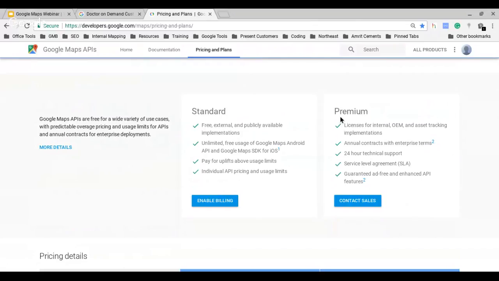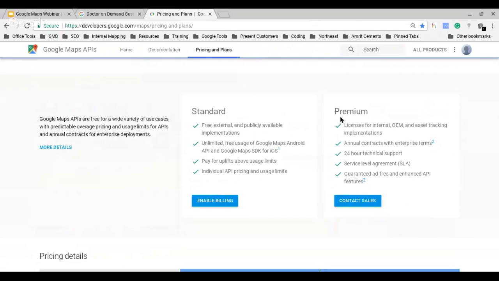And what are the benefits of actually getting the premium plan, right? So you get a few benefits, like number one, you get guaranteed ad free and enhanced API features, right? So on the Google Maps native application, you might see ads sometimes, but on premium you will never get ads, and you will have enhanced API features. So whatever new API features are going to be rolled out in the future, you will be the first one to get notified about it, right?